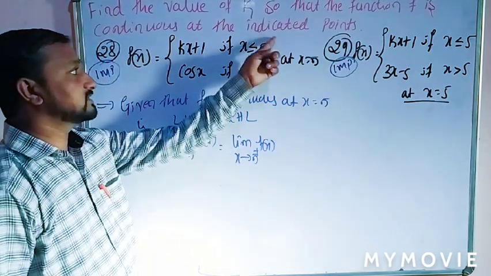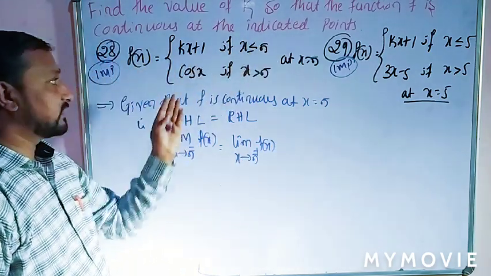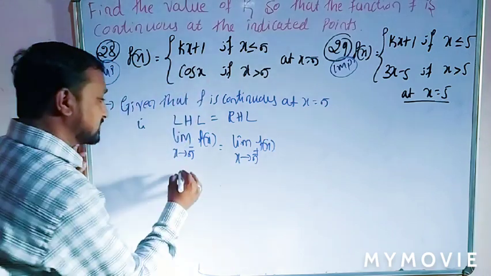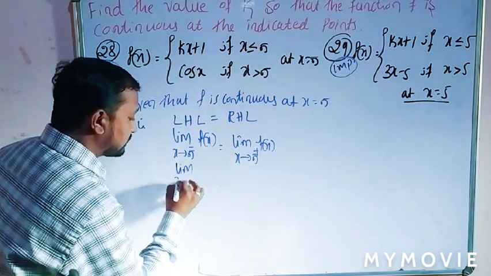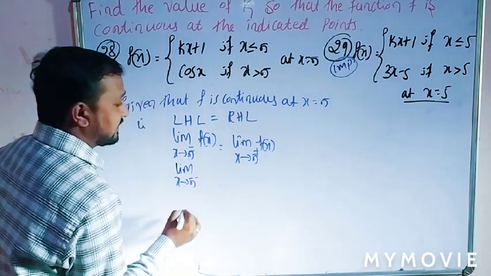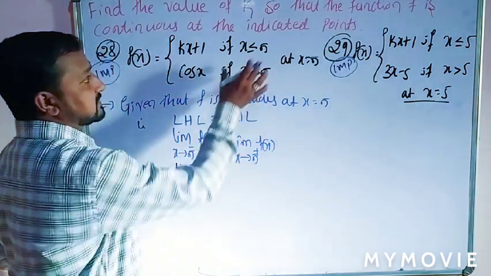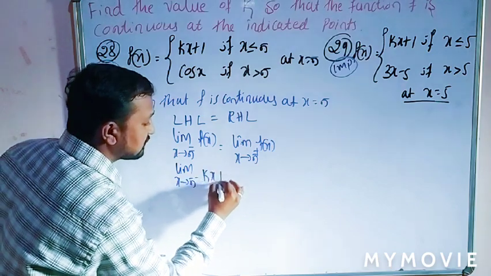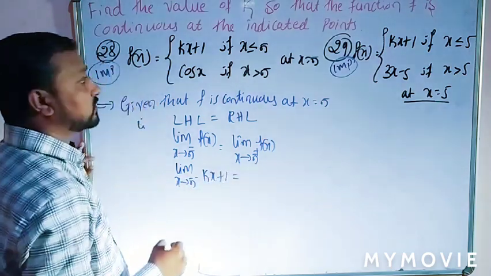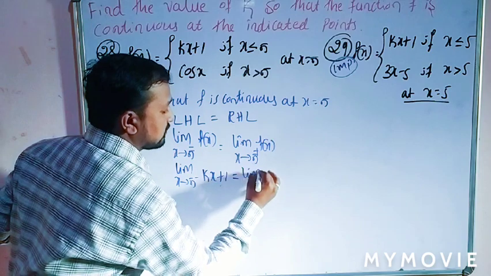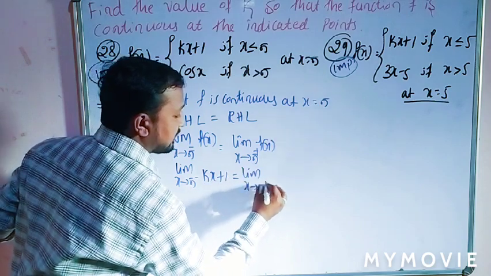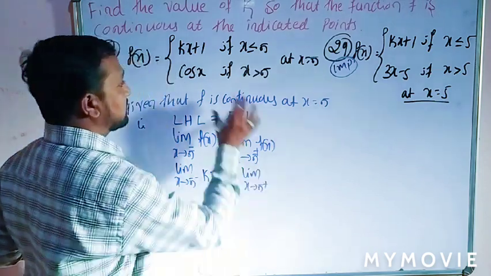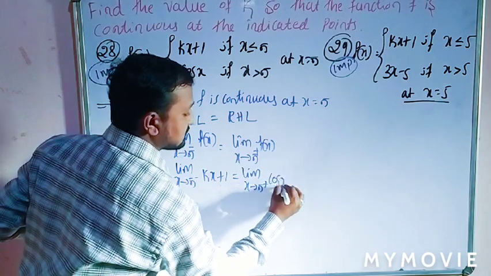So what is your LHL? Kx plus 1. What is your RHL? Cos x. Okay, so here limit of x tends to pi minus, what is your f of x corresponding to the LHL is kx plus 1, is equal to limit of x tends to pi plus, what is your f of x corresponding to this one? Cos x.